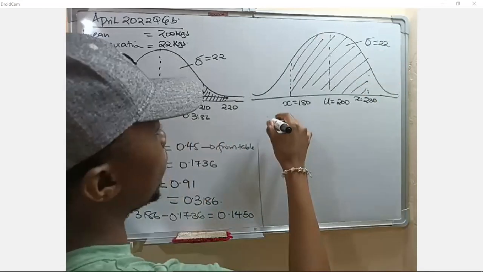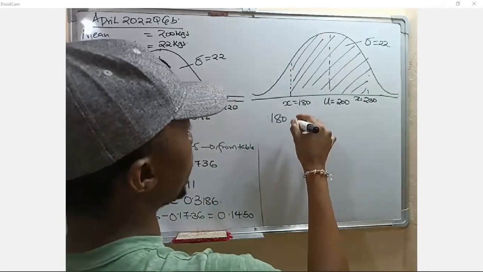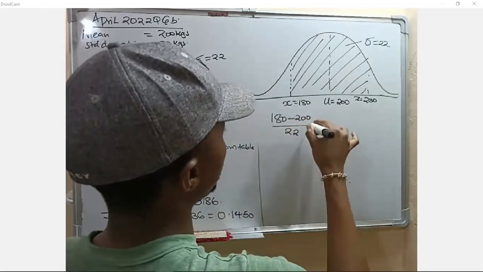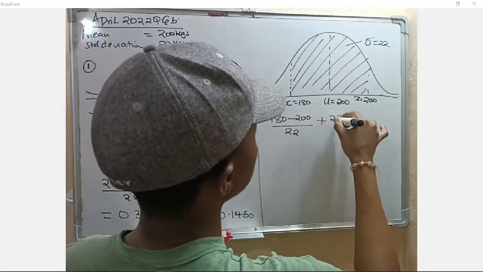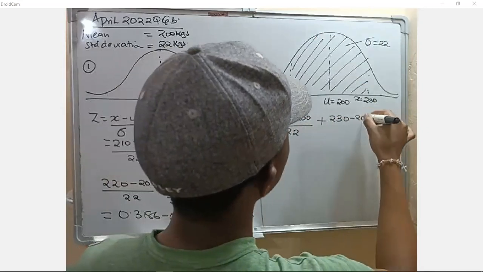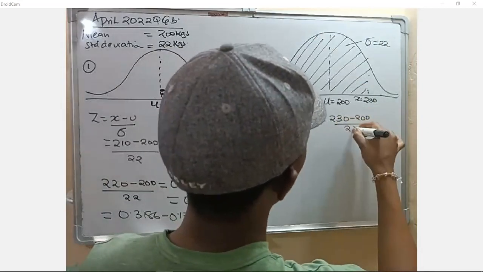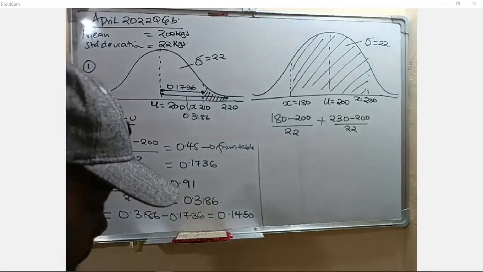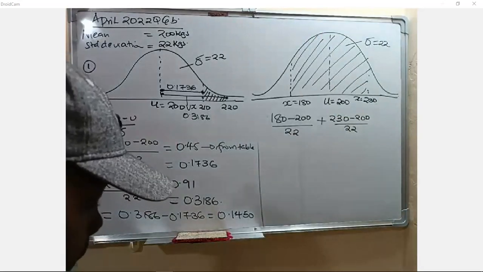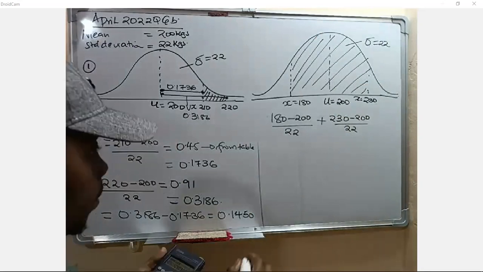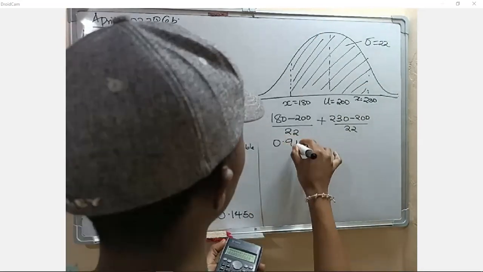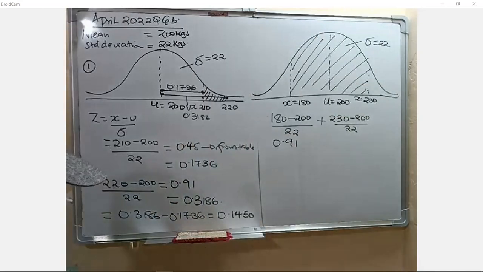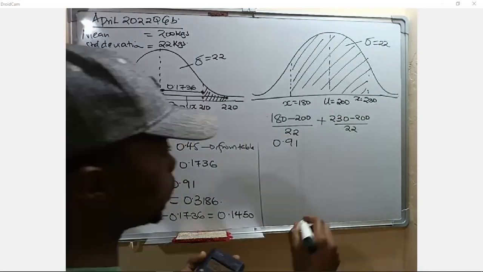So I will say, let me take 180, which is my X, minus 200, divide by 22, plus 230 minus 200, you divide by 22. So the first one, 180 minus 200, which is 20, divided by 22, I will be able to get 0.91. We ignore the negatives. So the other one will be 30 divided by 22, getting 1.36.